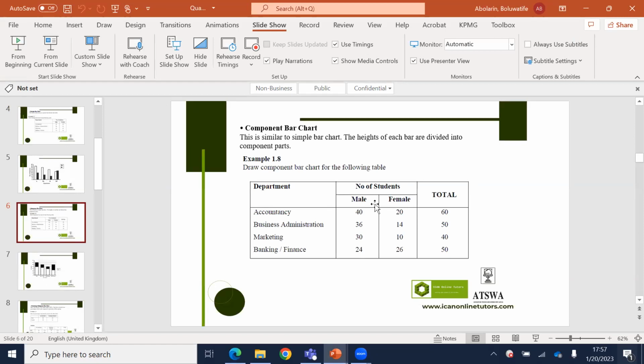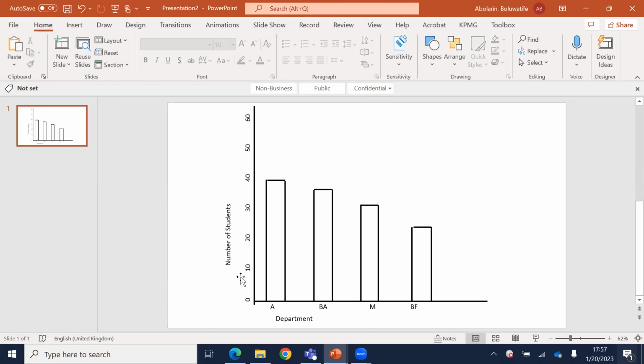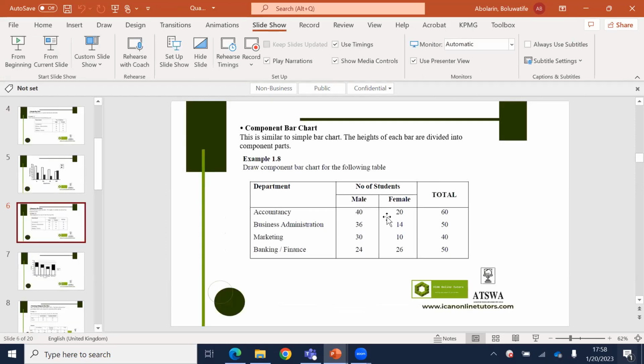So the first one, which is 40, you can see that this male is 40, 36, 30, 24. This is male. So now we're going to put the female on top, not beside. This is component.